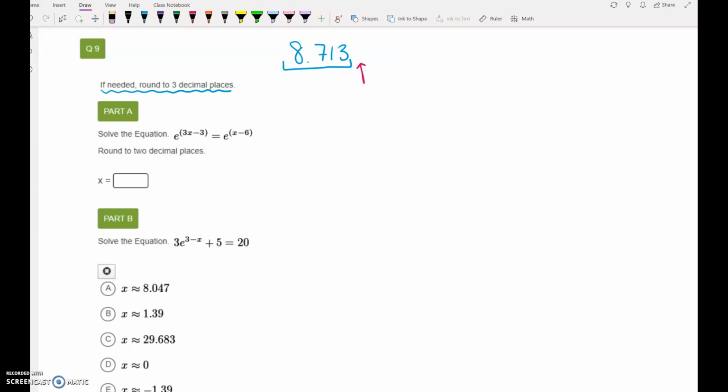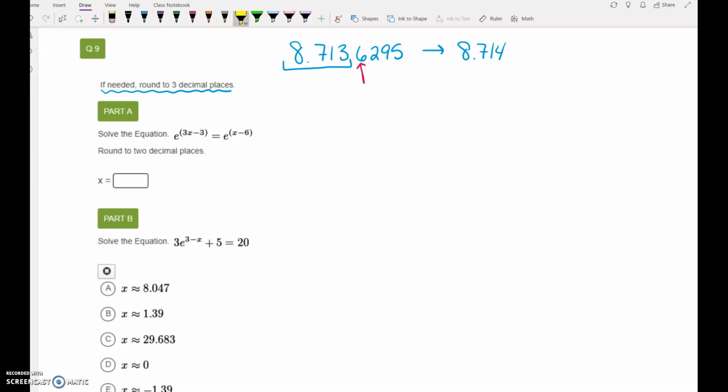But what if this was like this? Then you would bump this up to 8.714. Make sure you are rounding correctly, because the system will be looking for that correct rounding.